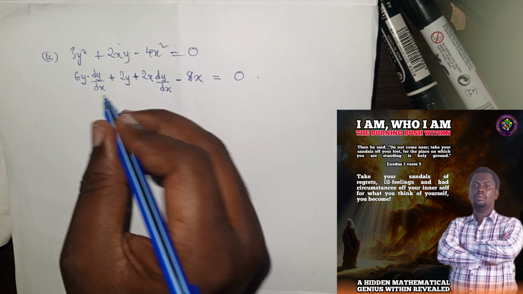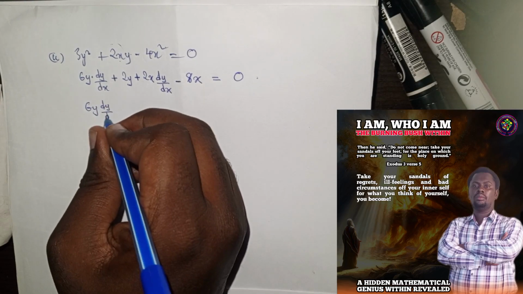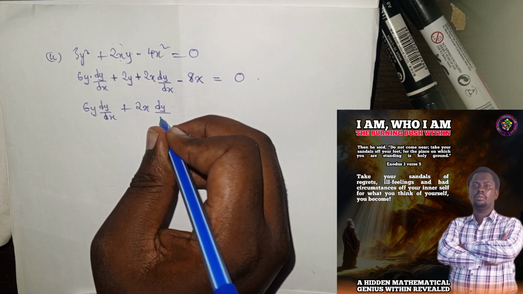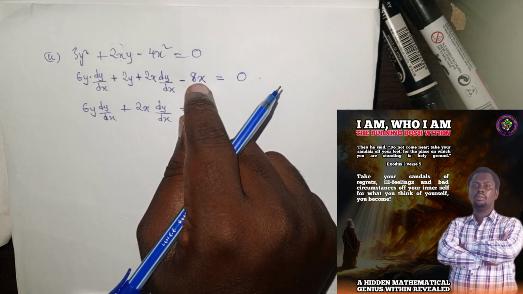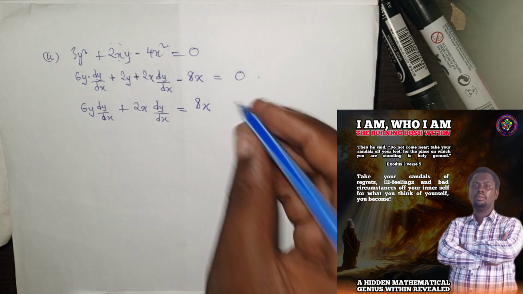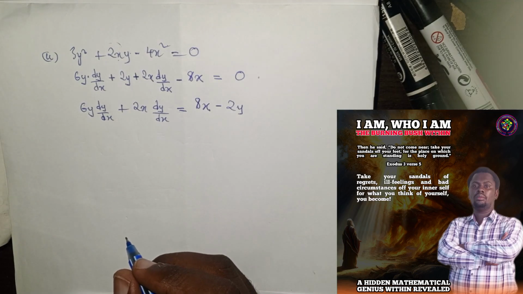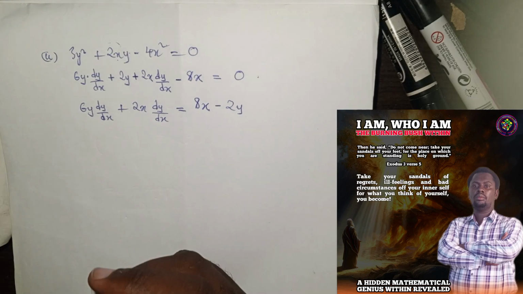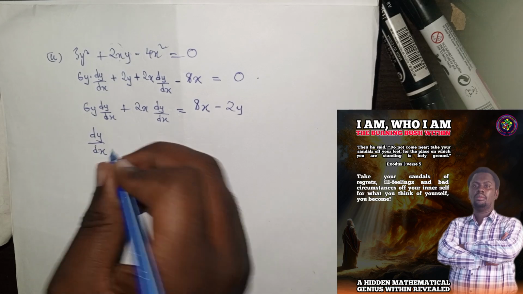So this has dy/dx, so we have 6y dy/dx plus 2x dy/dx is equal to minus 8x. This side will be just 8x, and the plus 2y, this side will be minus 2y. Okay, so now, since we want to have dy/dx this side, we need to factor out dy/dx.